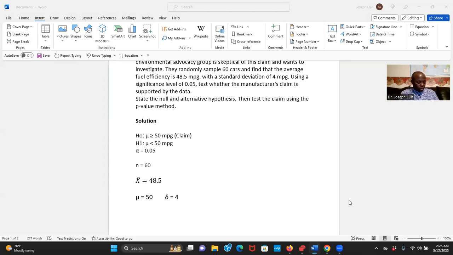Let me write this down. 48.5 and 50, then standard deviation of 4, and n is 60. Okay, let's put this in the formula and then get our p-value.